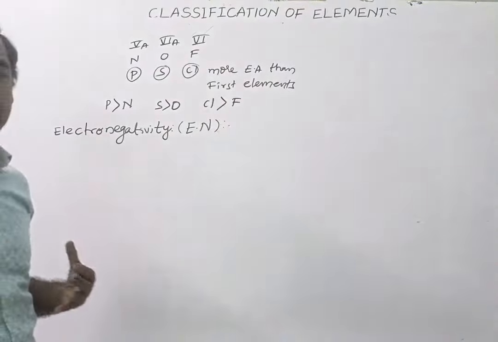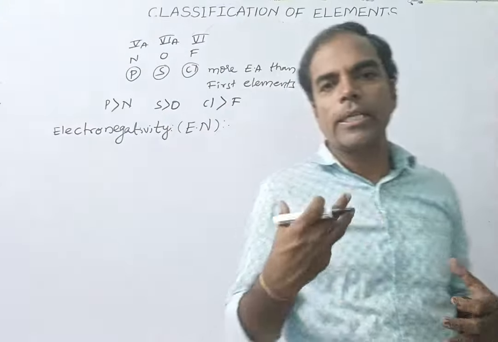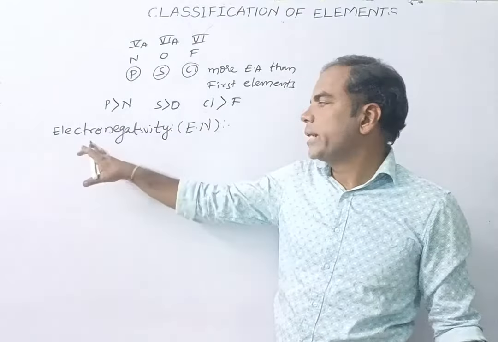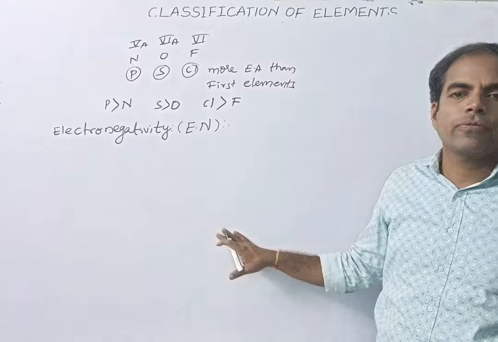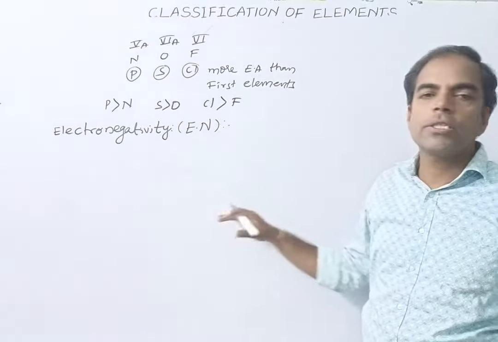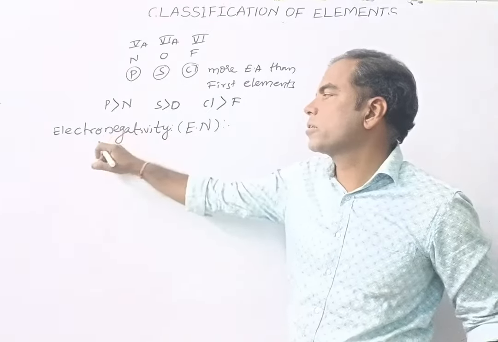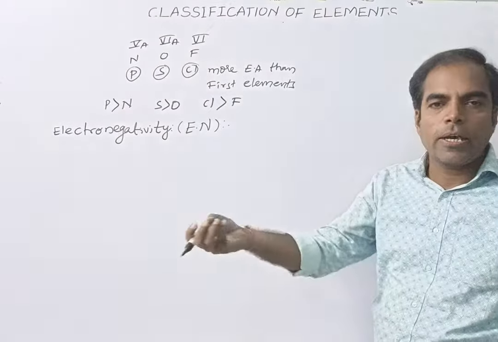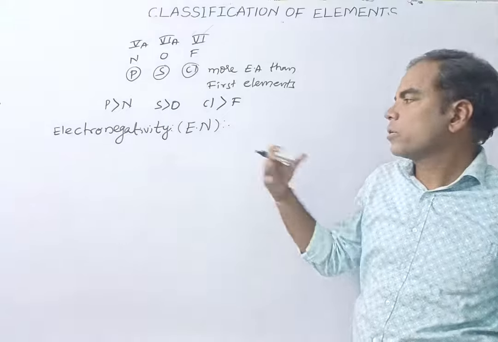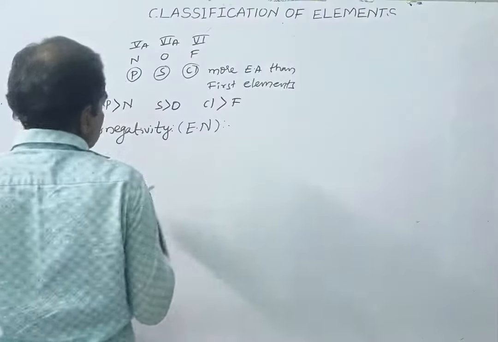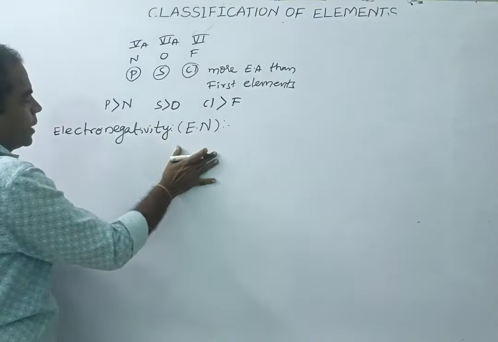The tendency, the attracting capacity of electrons towards itself. Right? That is known as electronegativity. Electro means electron, negative means the attracting capacity of electrons from other atoms towards itself is known as electronegativity.